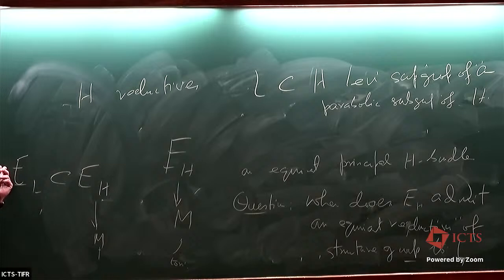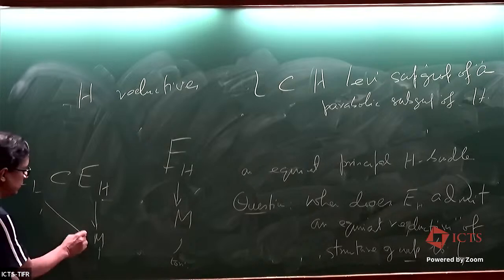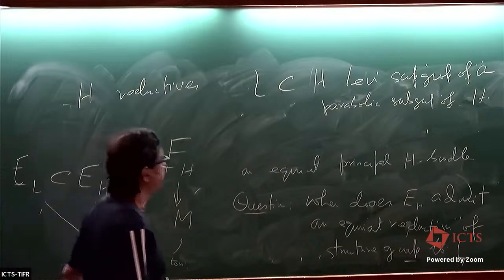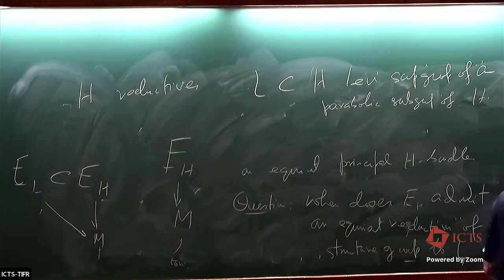E_L is preserved by the action of L, and on the fibers the action of L is transitive. So that's the reduction of structure group. So now I'll give an answer to this question.